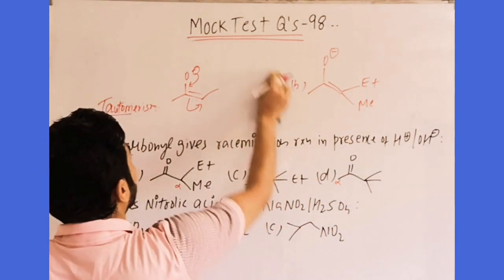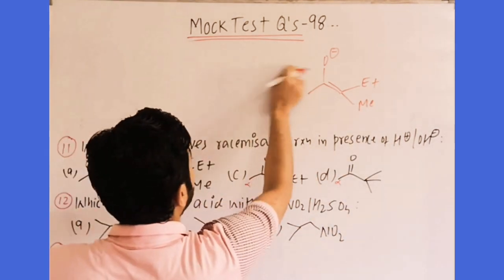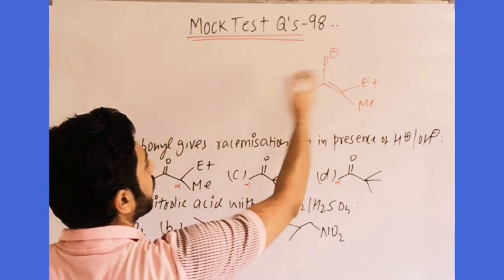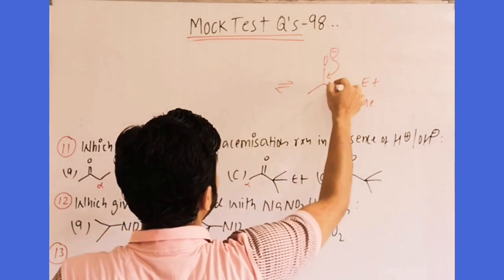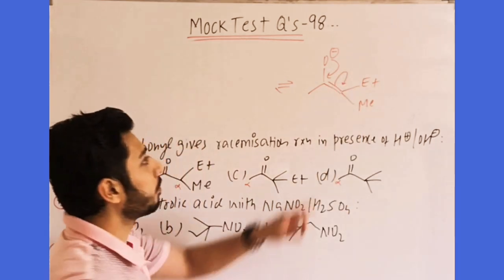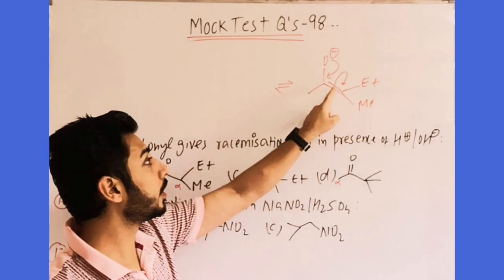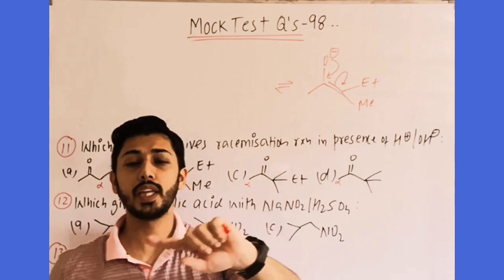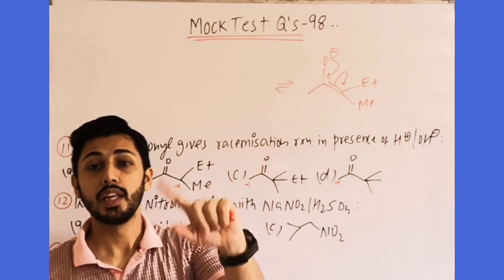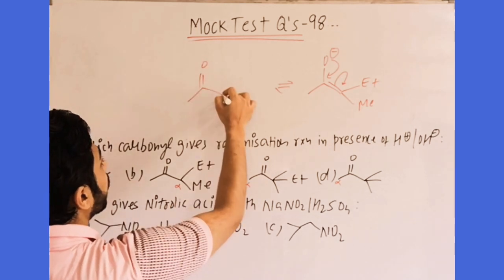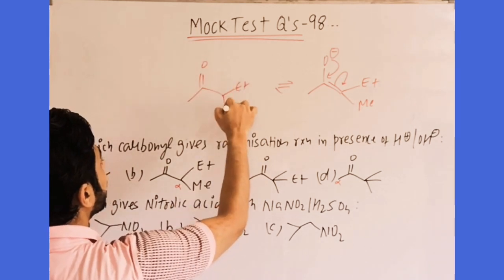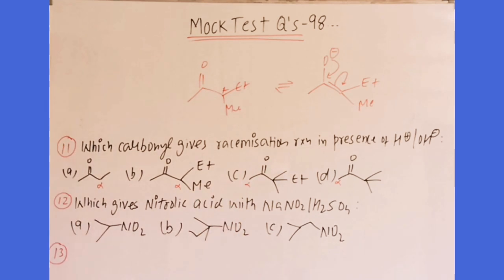Now in this case, when it undergoes quick racemization, it means it is undergoing dynamic equilibrium. Now this carbon, which is now sp2, will gain a minus charge. When the minus comes, H plus can attack from both sides. That is why you will get here a double bond, there Et, methyl, and this is a new chiral center formed.